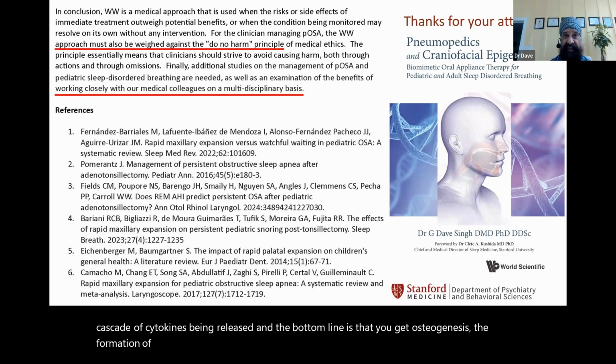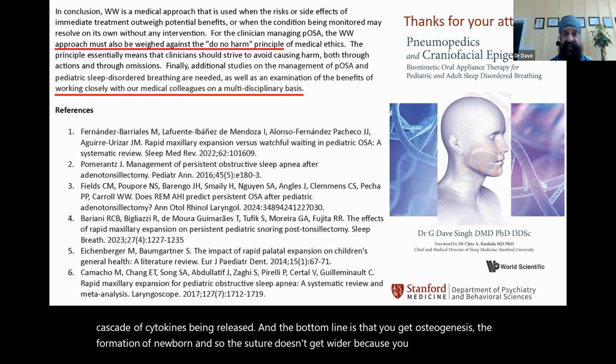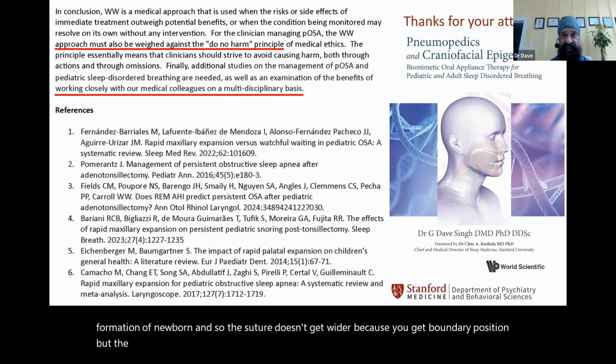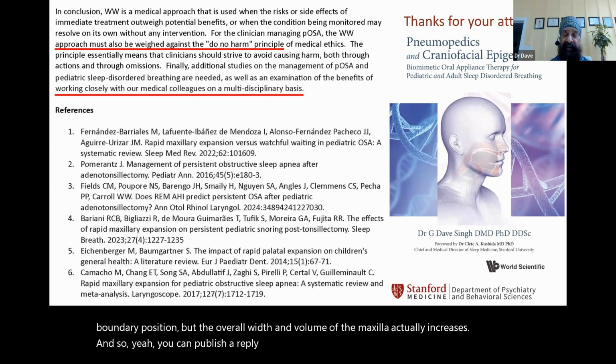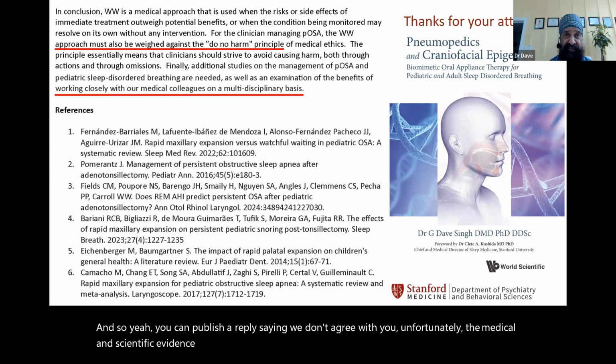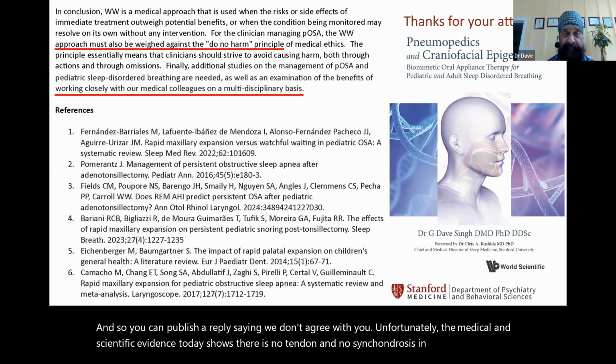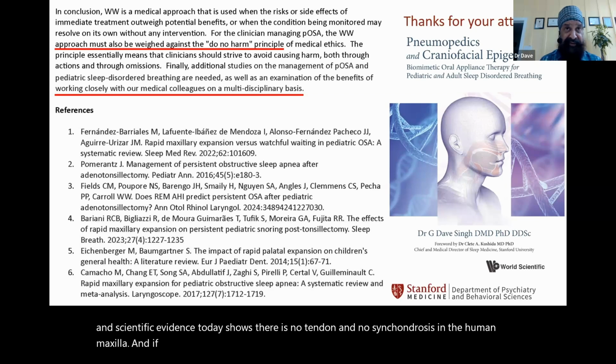So the suture doesn't get wider because you get bone deposition, but the overall width and volume of the maxilla actually increases. So yes, you can publish a reply saying, we don't agree with you. Unfortunately, the medical and scientific evidence today shows there is no tendon, no synchondrosis in the human maxilla. If you can produce evidence to show me otherwise, I'll be very happy to look at it.